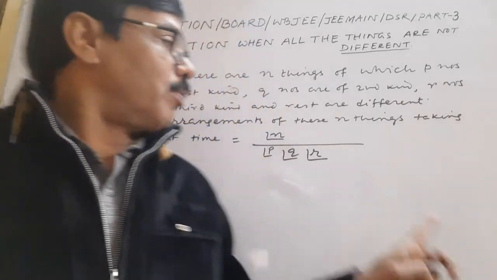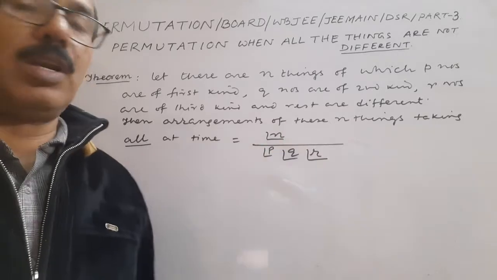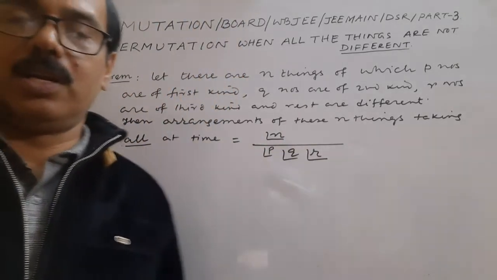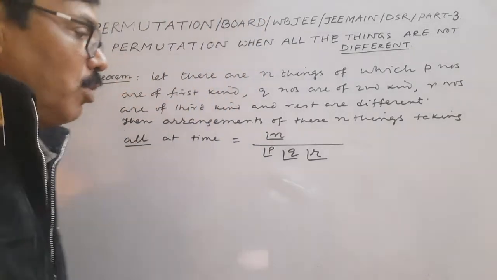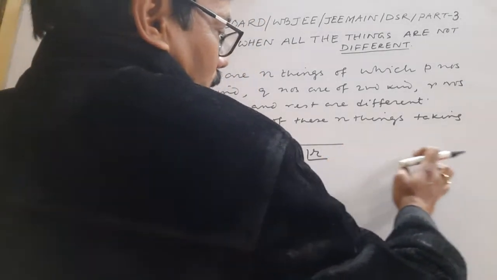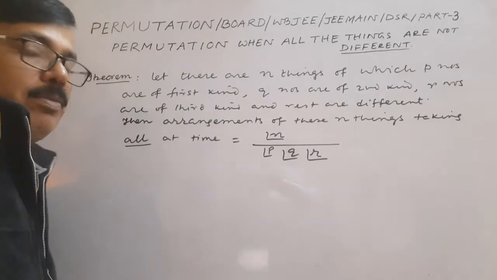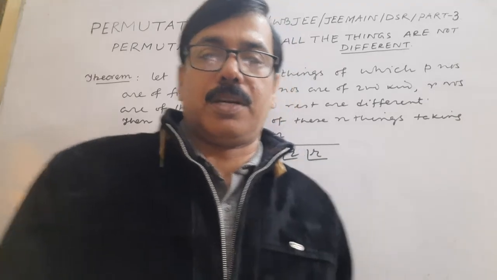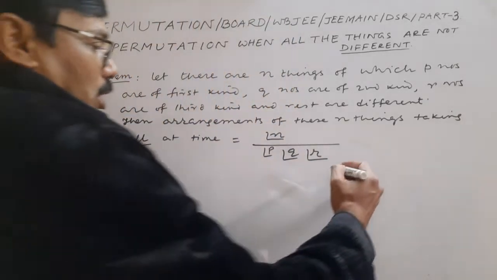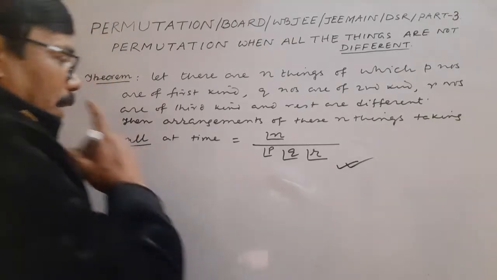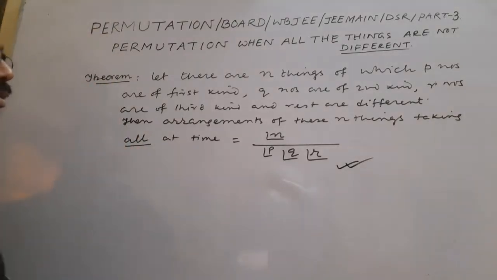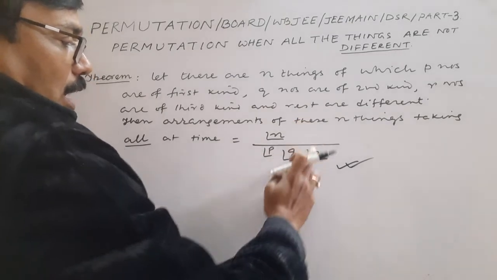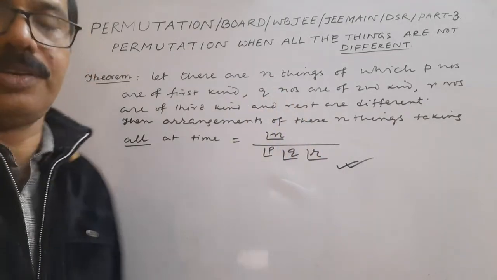So total number of things factorial, divided by the factorials of repeated objects. For different things, factorial 1, factorial 1, factorial 1 is 1, so there is no contribution for different things. So this will be our working tool: n things, p of which are of first kind, q of second kind, r of third kind.